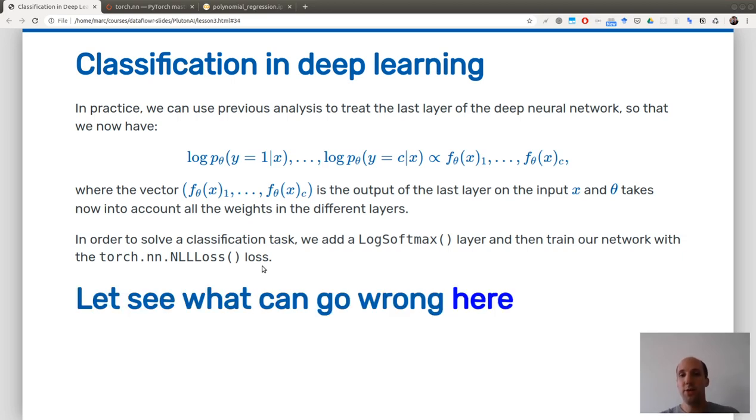This is what is done in practice, and the parameters are updated thanks to this NLL loss. Then again, for the accuracy, you are just taking the max of your prediction in order to make a prediction for a given class. Now I want to show you on this simple Jupyter notebook what can go wrong in this setting.